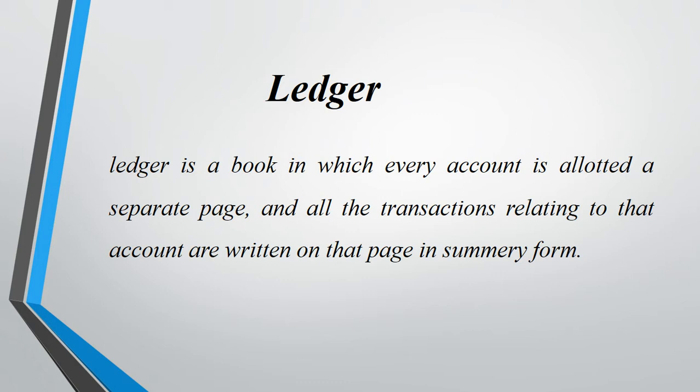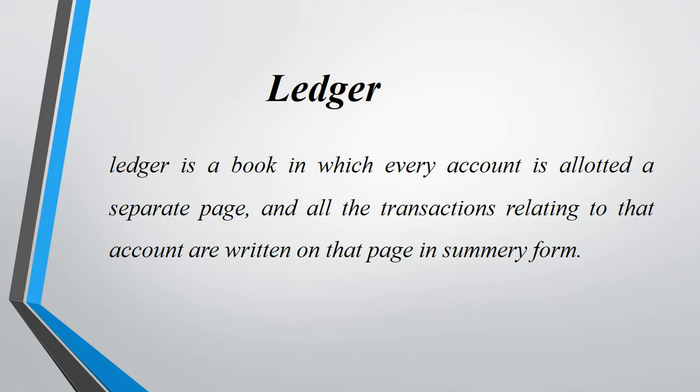A ledger is a book in which every account is allotted a separate page, and all the transactions relating to that account are written on the page in summary form.